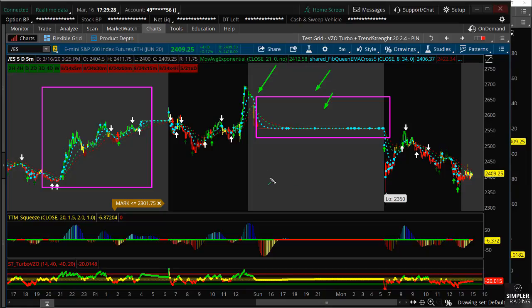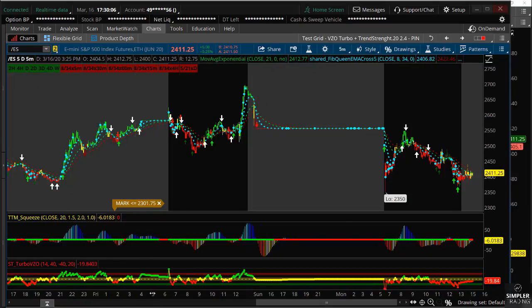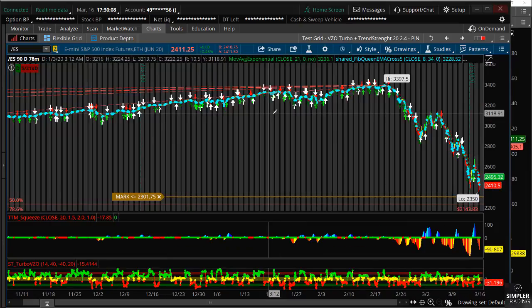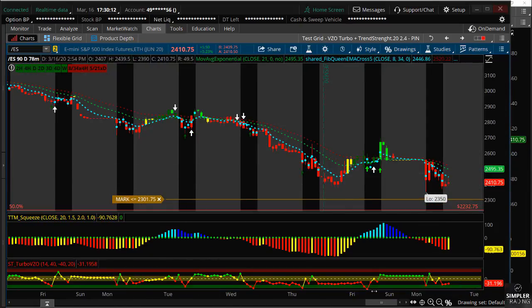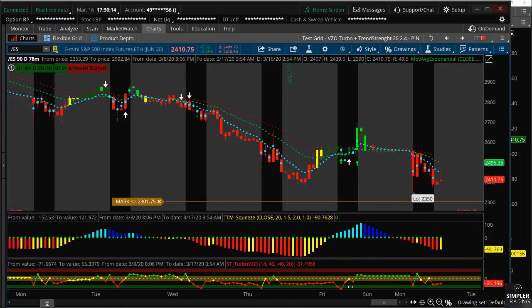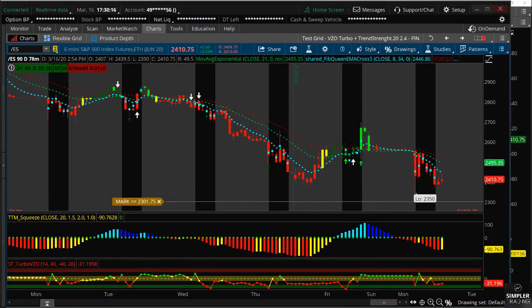So what we're seeing currently is a ton of overnight gaps. Now on this chart right here, I can go to a higher time frame so you can see it a little bit easier. Essentially the gray areas are the overnight price action, and the black areas are the cash session.